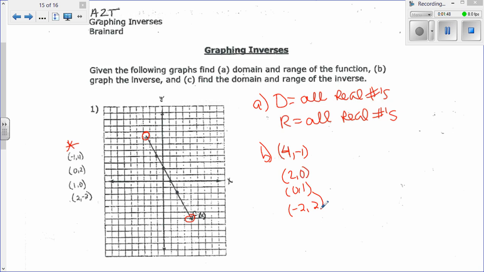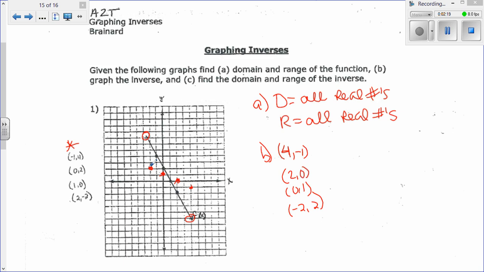So I do (4, -1). And then (2, 0). And then (0, 1). And then (-2, 2). Okay.